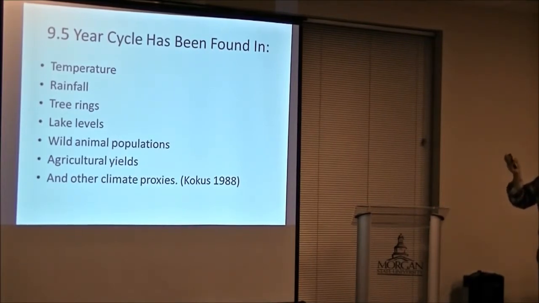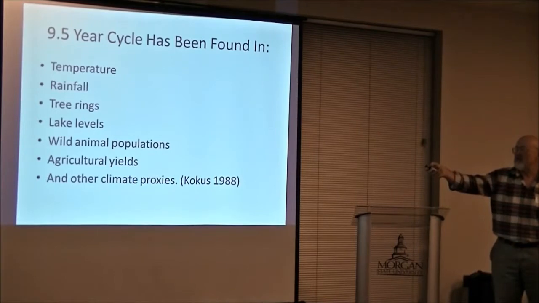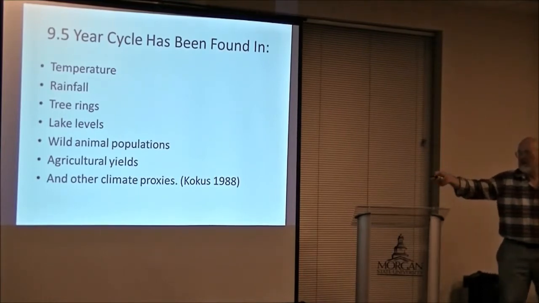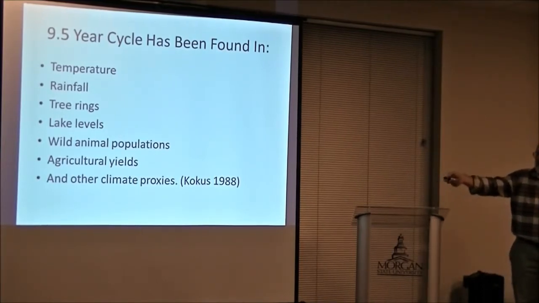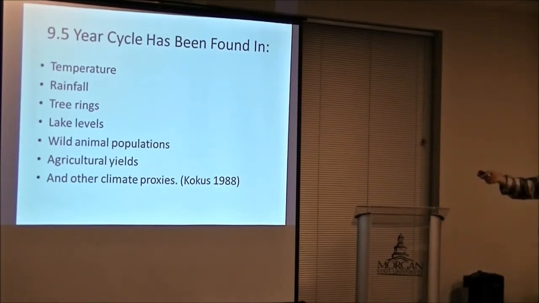You tend to get two peaks. One that's near the sunspot cycle and one near the 9.5-year period. You can find this in climate data, rainfall data, tree rings, and the wild animal population. Lynx populations have a very strong 9.5-year period.